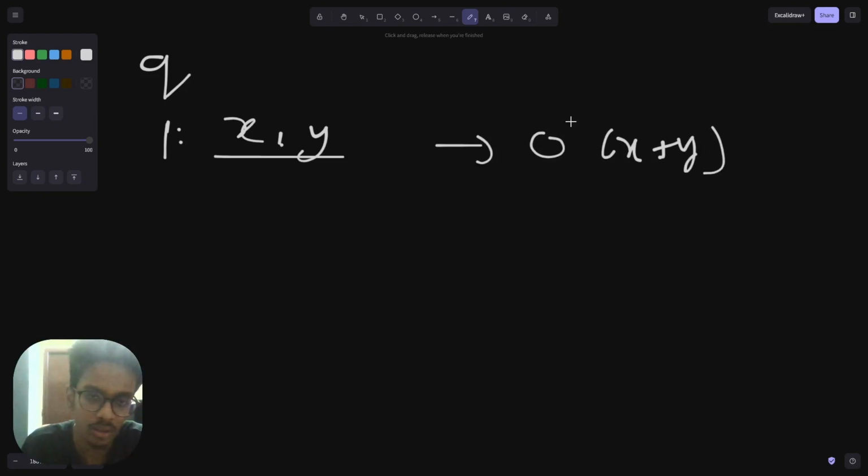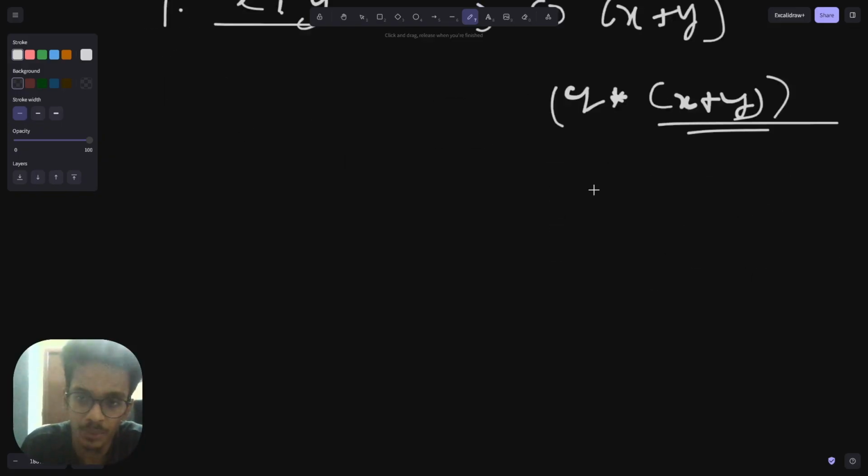Doing it q times, it would take q into O of x plus y. In the worst case this could be n, so it's q cross n.